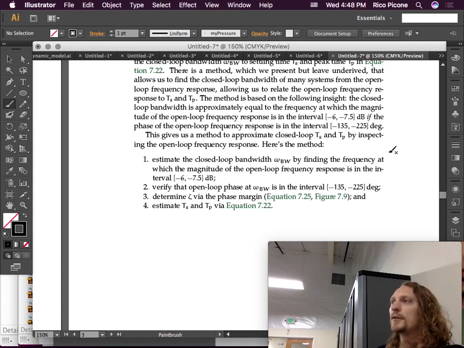Which is mostly what we've done so far, but you can also do shaping by putting in lead and lag. All of that stuff is valid here too, and I want to get into that.